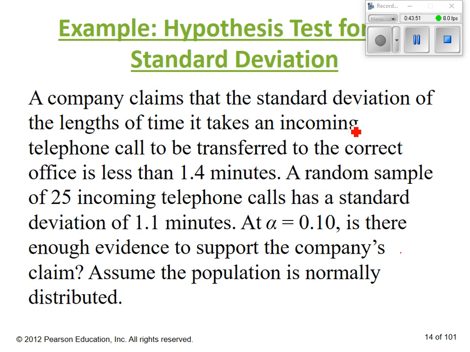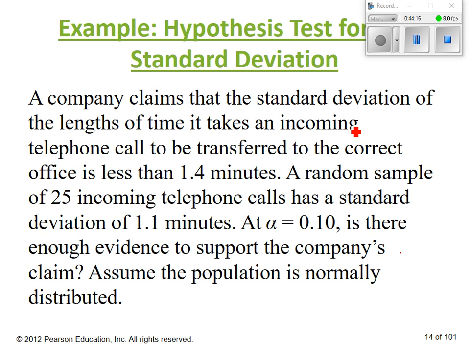A company claims that the standard deviation of lengths of time for an incoming call to be transferred to the correct office is less than 1.4. H0 or HA? HA. And this time, instead of sigma squared, what are we going to use? Just sigma, right? And it's less than 1.4.